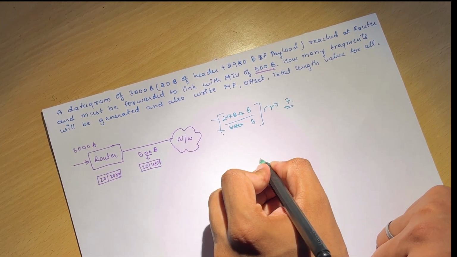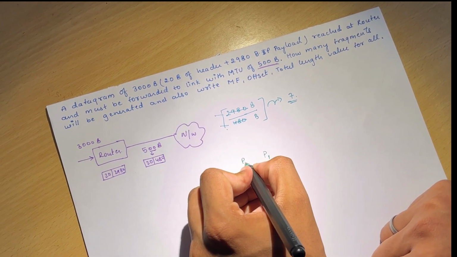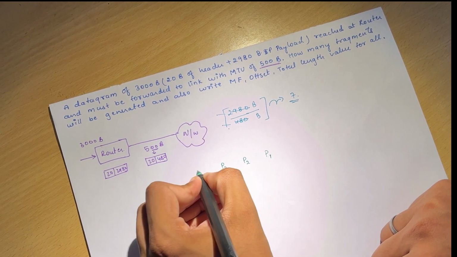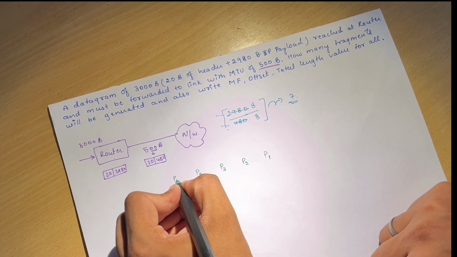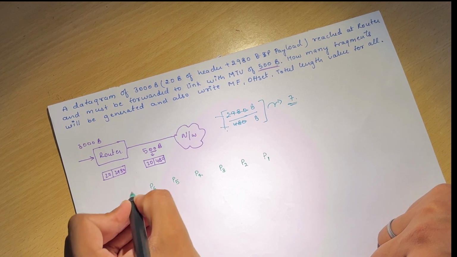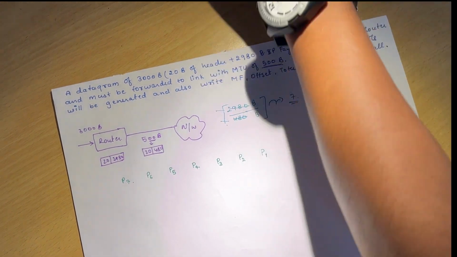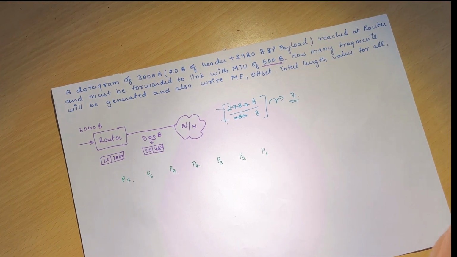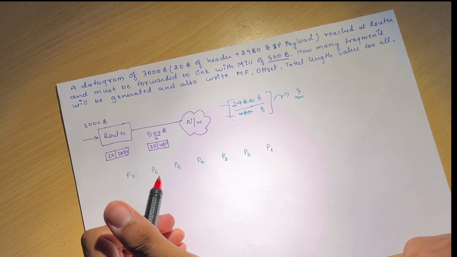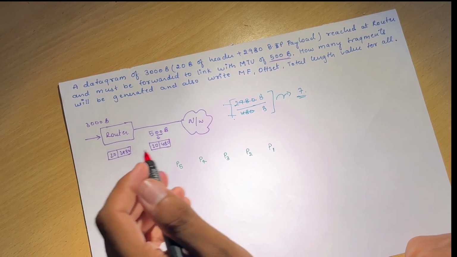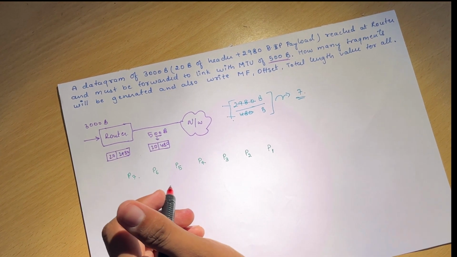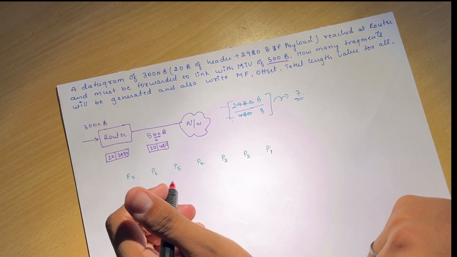So let us consider those 7 packets as P1, P2, P3, P4, P5, P6 and P7. Now, since it is a datagram, we all know that every packet should have a header, because it is not necessarily that they follow the same path.